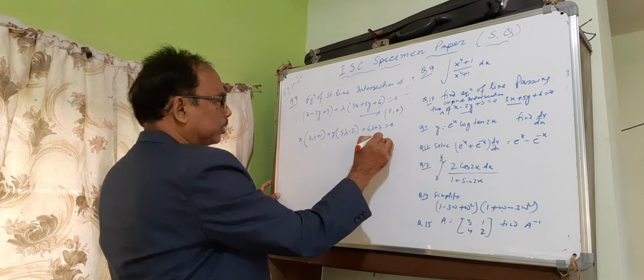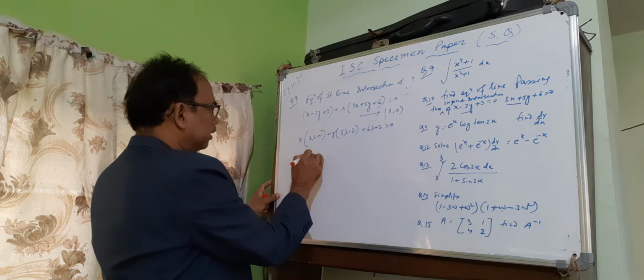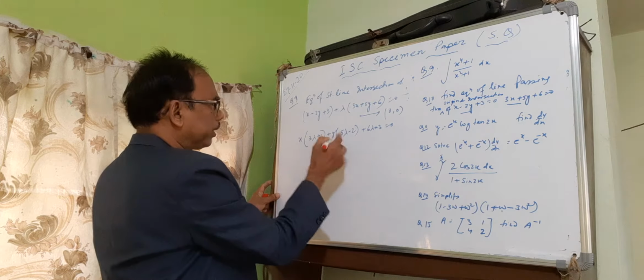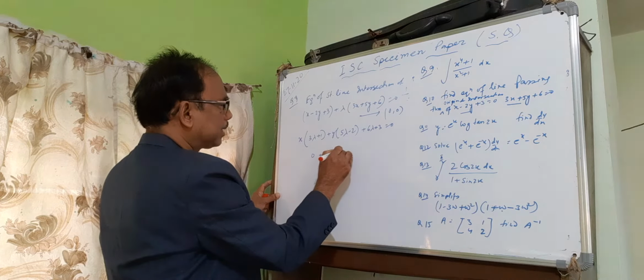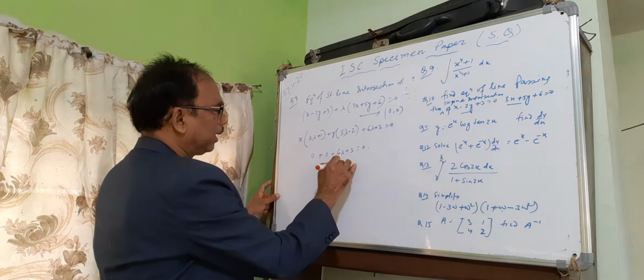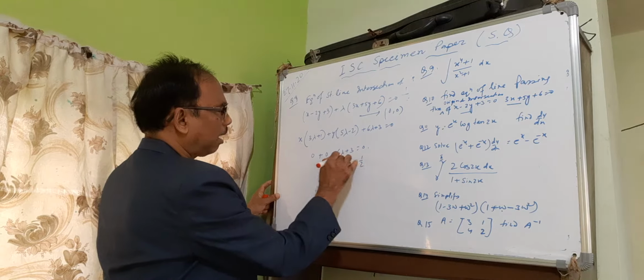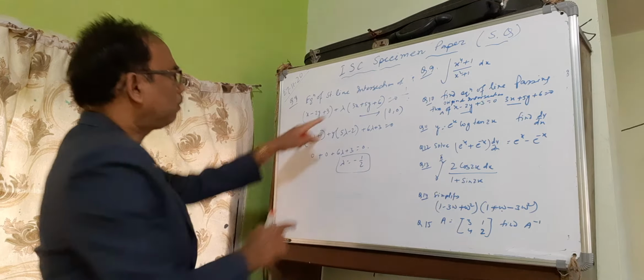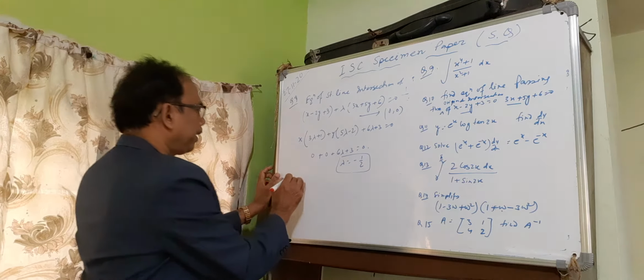Now this line passes through origin, so x is 0 and y is 0, then 6 lambda plus 3 equals 0. Then lambda equals minus half. Putting the value of lambda here, we can find the equation of the line.